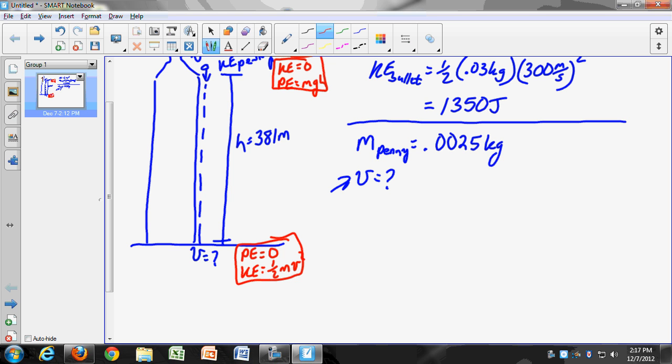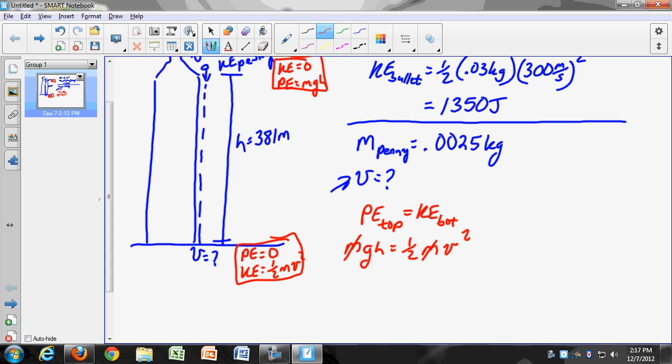Since that's true, I can say that the potential energy at the top equals the kinetic energy at the bottom. So I get mgh equals 1/2 mv squared. Potential energy at the top equals kinetic energy at the bottom. Then I'm going to solve for v, which is the speed of the penny at the bottom.